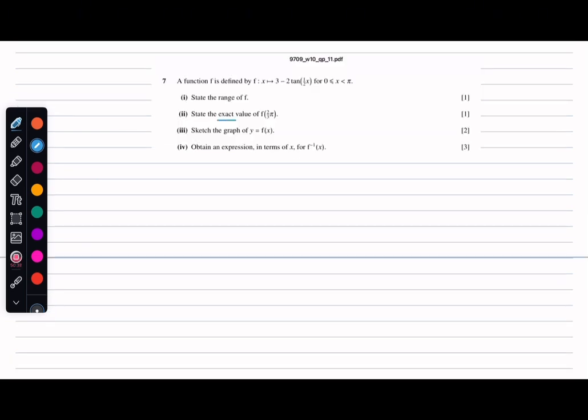The third part of the question says sketch the graph of y equals f of x, which means y equals 3 minus 2 tan of 1 by 2 x, and they have given us the domain, 0 less than or equal to x less than or equal to pi. We have discussed the transformations taking place for this graph.